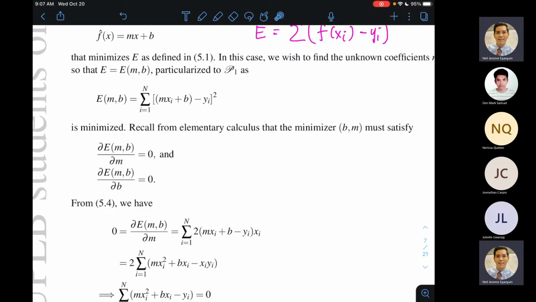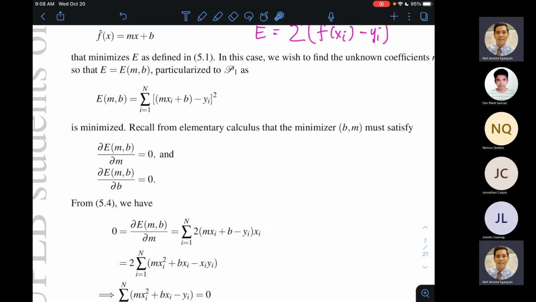ang necessary condition para ma-optimize or ma-minimize ang isang function ay mag-zero yung partial derivatives, right? Or kung maalala nyo, kahit sa math 36, nag-occur ang minimum sa isang point kung saan ang tangent line ay horizontal, right? Ang slope ng tangent line ay yung value ng derivative. So that also extends naturally to the case of multivariate function, wherein we just need to set the partial derivatives of E to 0.